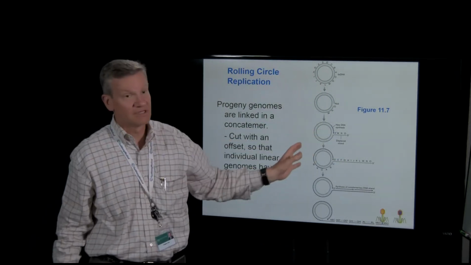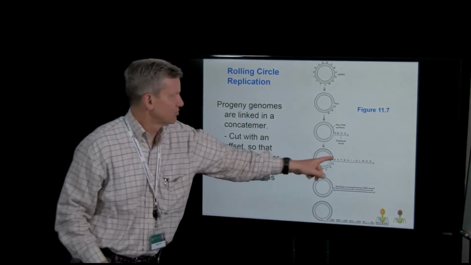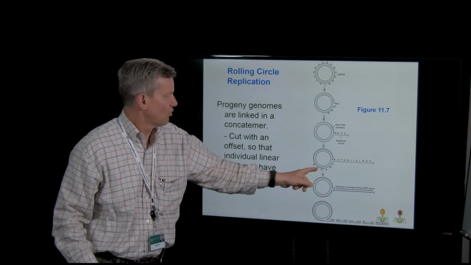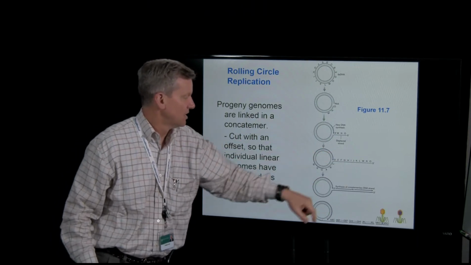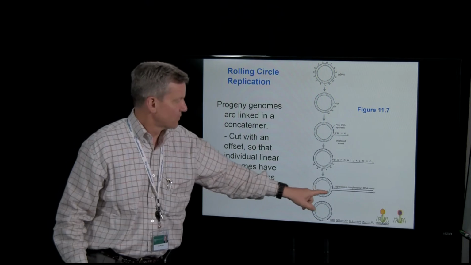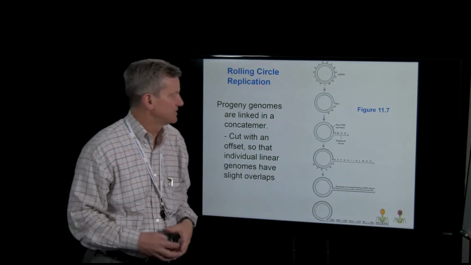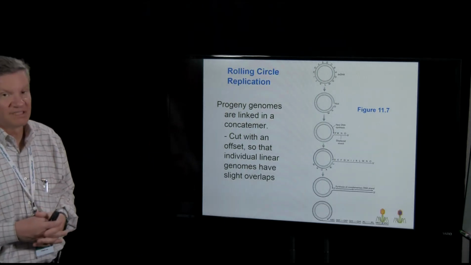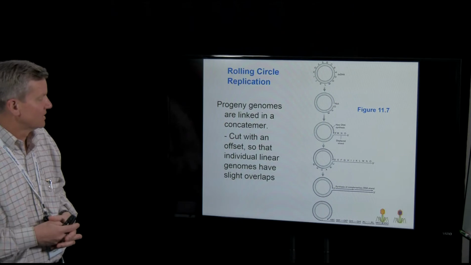So the secret here is that it displaces the other strand of DNA, and pretty soon the whole single-stranded DNA is displaced, and then the second, complementary strand can be synthesized on that displaced strand.